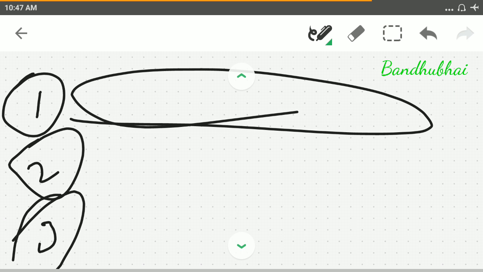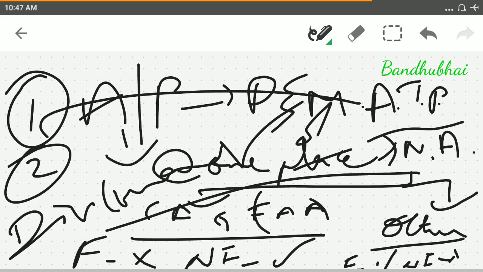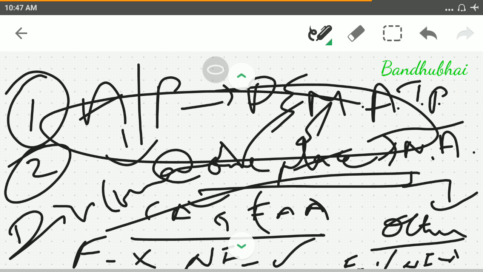For a question on selection of accounting policy, you need to write how to select. The primary consideration is true and fair view, and the secondary consideration is these 3 points.